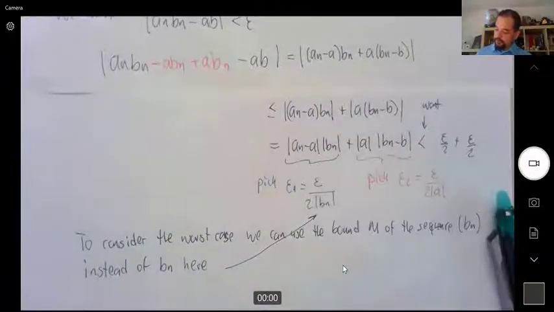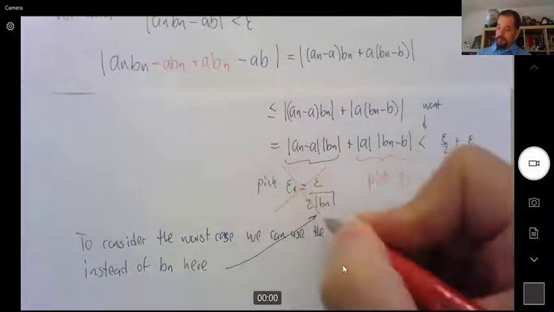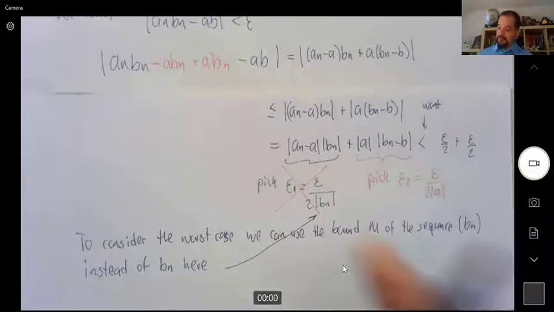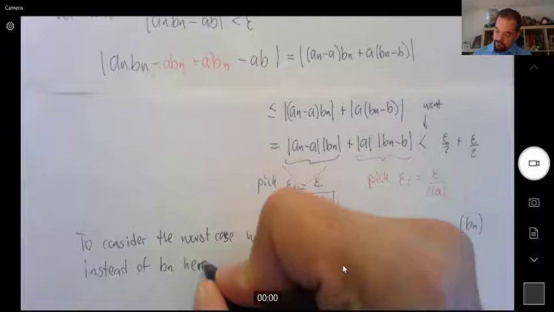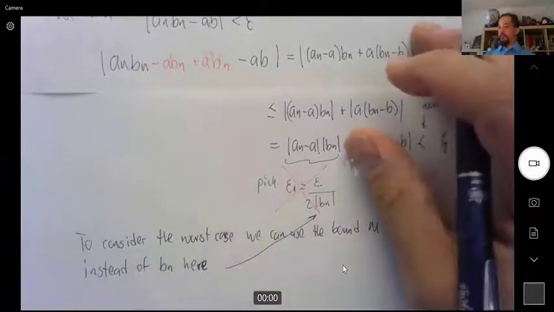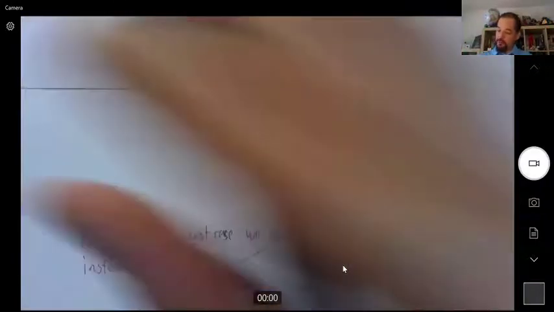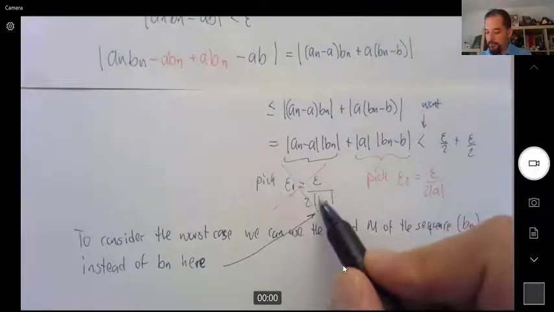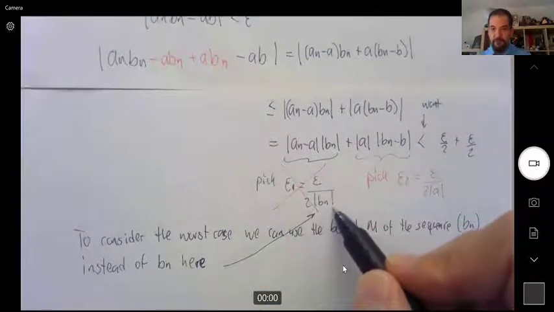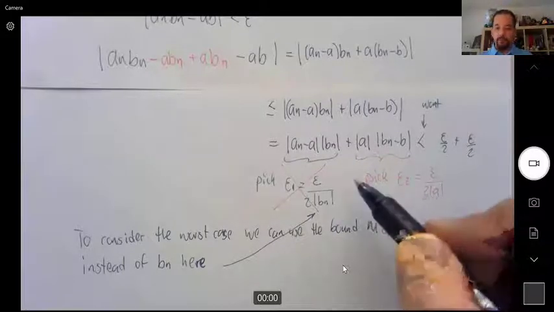Let me cross it. So if you pick this one, and by the way, this error happens a lot. I've taught this class now this is the fourth time, and I always have students that pick an epsilon that depends on the sequence, right? So make a mental note to check.